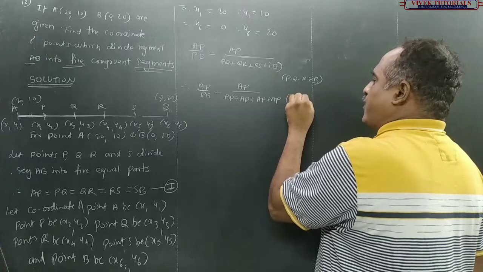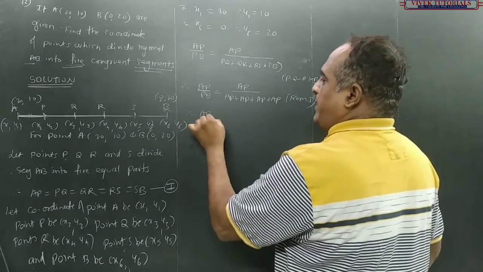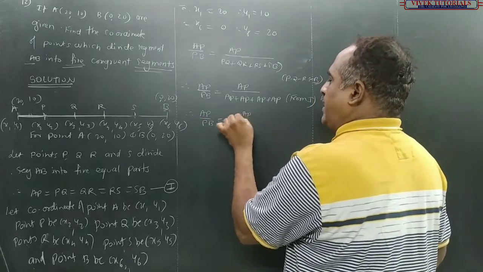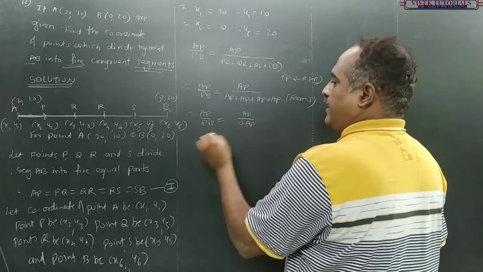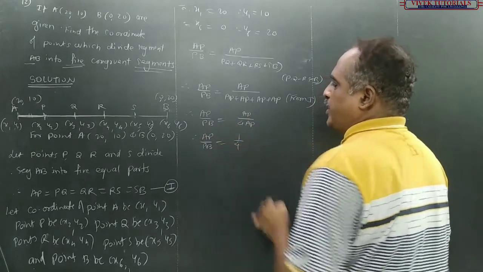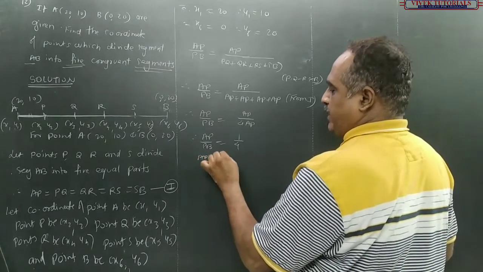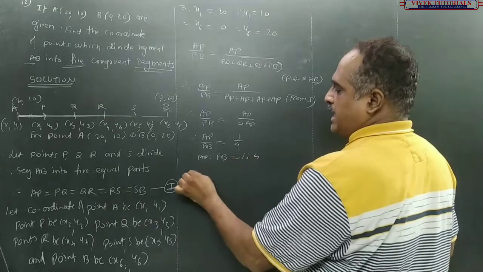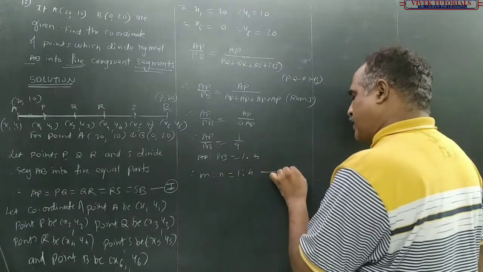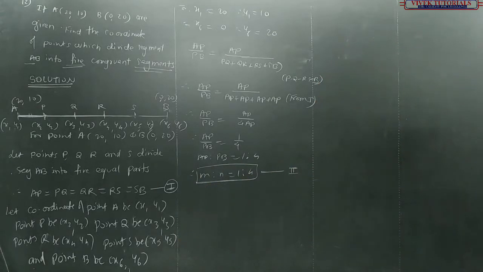So AP upon PB is equal to AP upon 4AP, which is 1 upon 4. Correct? So AP is to PB is equal to 1 is to 4. Therefore, m is to n is equal to 1 is to 4, which is equation 2. Have you understood this now?